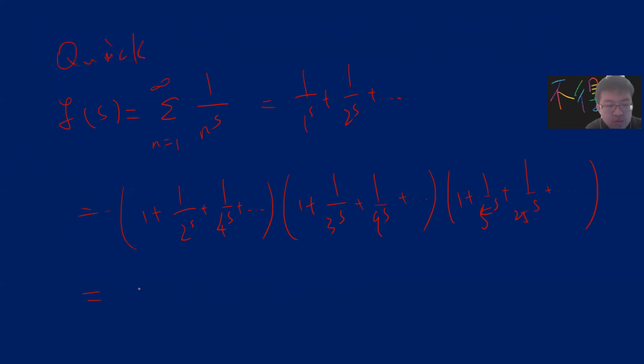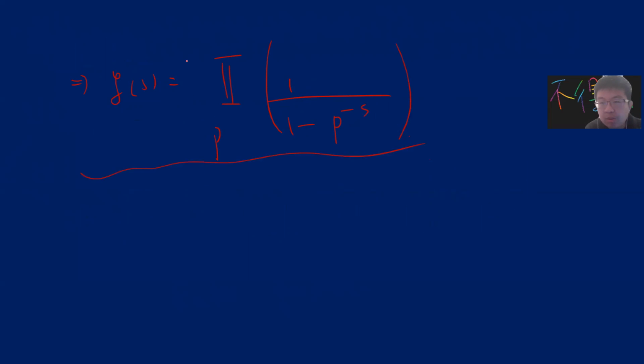Okay, so this is 1 divided by 1 minus this. Okay, so you can show this zeta function is the product over all the primes of 1 divided by 1 minus p to the negative s. Okay, so this is the famous Euler product.